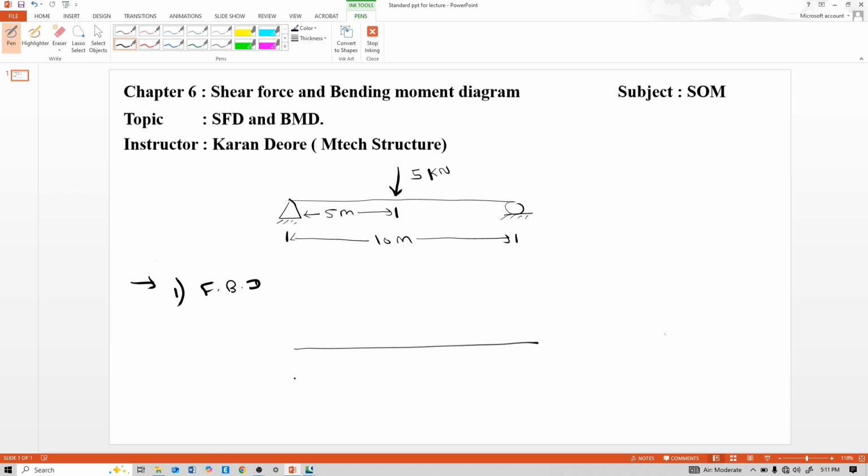See how I remove the supports. Here is a pin support, which means two reactions occur, one is this and one is this. Here is a roller support, which means only a vertical reaction. This 5 kilonewton load is as it is at a distance of 5 meters, and this is a 10 meter length beam.